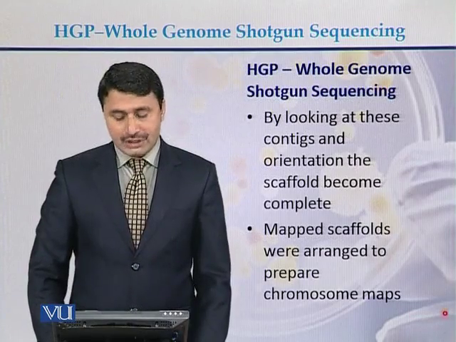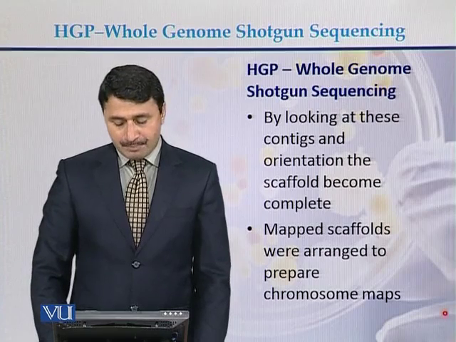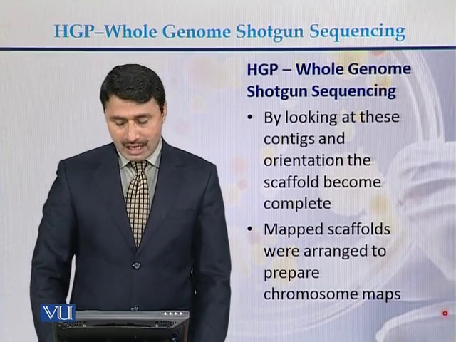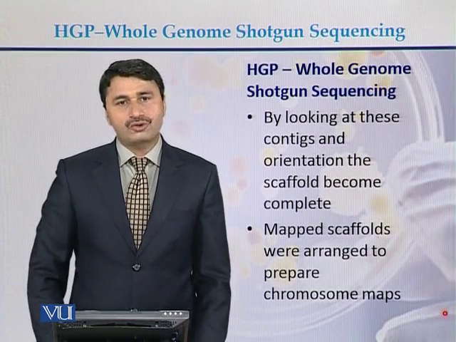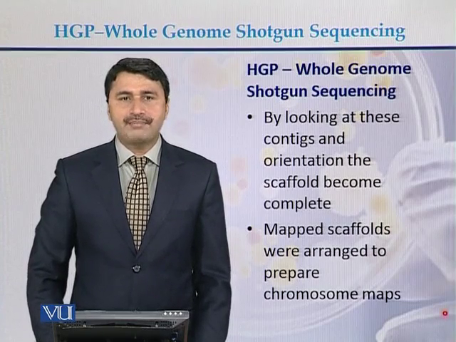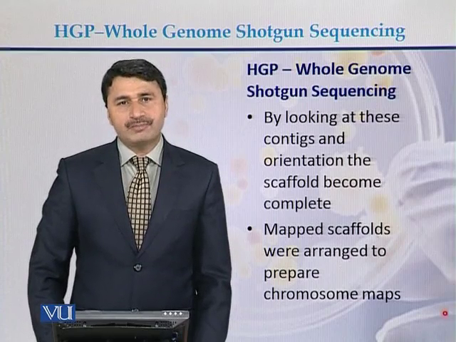By looking at these contigs and orientations, the complete mapped scaffolds were arranged to prepare the chromosome maps or chromosome structures. So this is the methodology of how shotgun sequencing is performed.